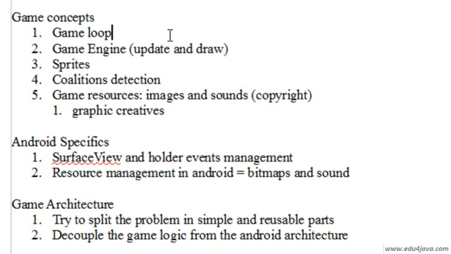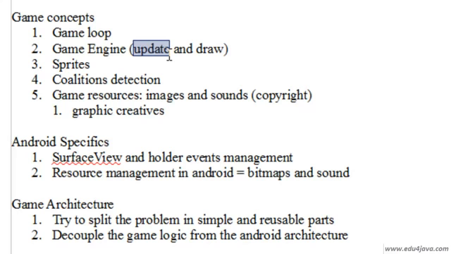Normally we have an engine, point 2. This engine is in charge of the update of the game state and the drawing of the pictures. These are the two principal methods called by the game loop.